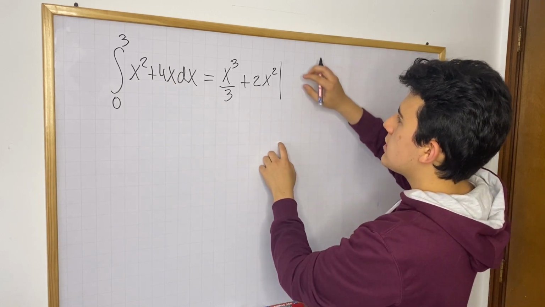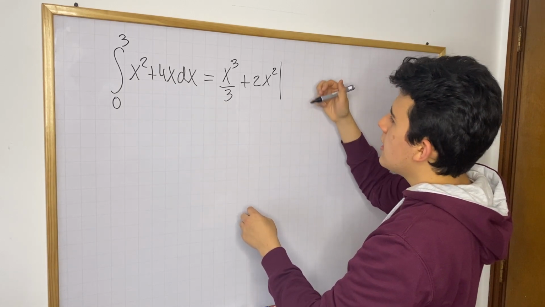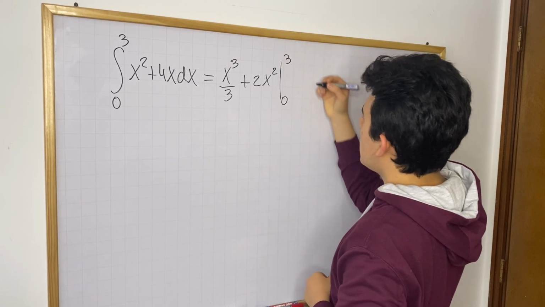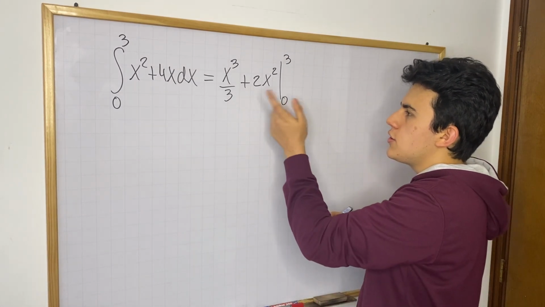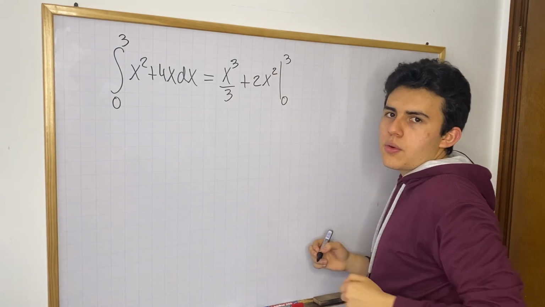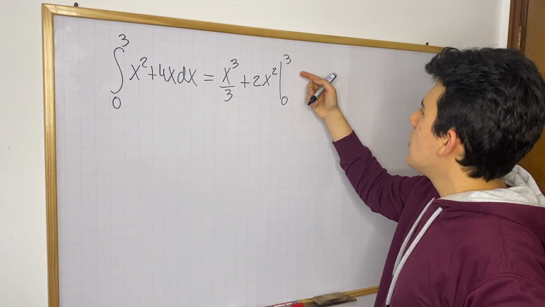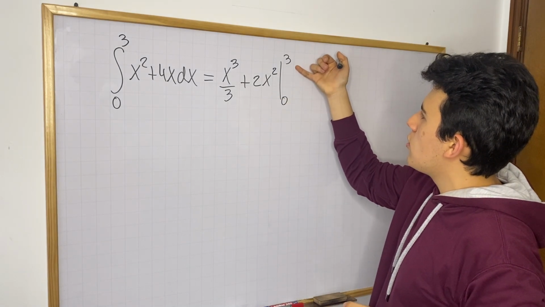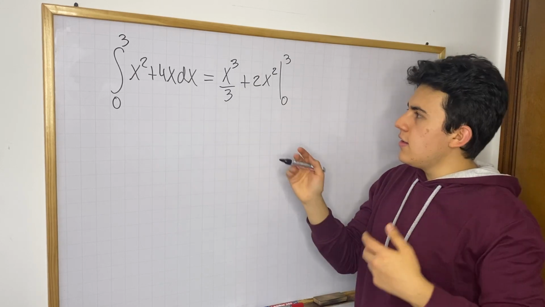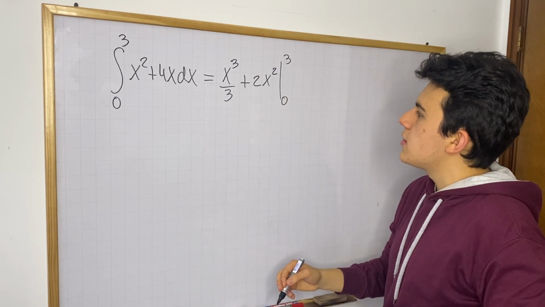And then you write this vertical line, and you write 0 at the bottom and 3 at the top. This just says that you're evaluating this antiderivative at 3 and at 0, and of course you're doing the antiderivative evaluated at 3 minus the function evaluated at 0. So that is what this notation implies.